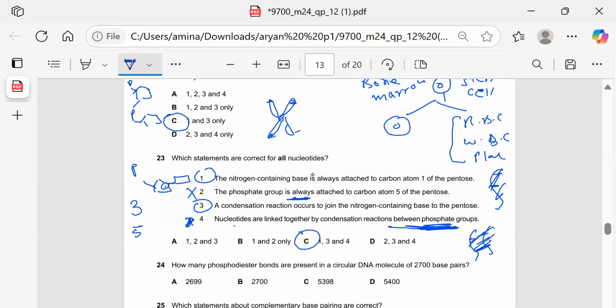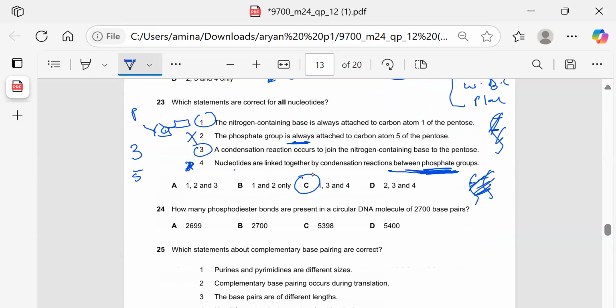Okay. Now I'm going to question number 24, which is again a little tricky question. A condensation reaction occurred to join the nitrogen-containing base to the pentose sugar.